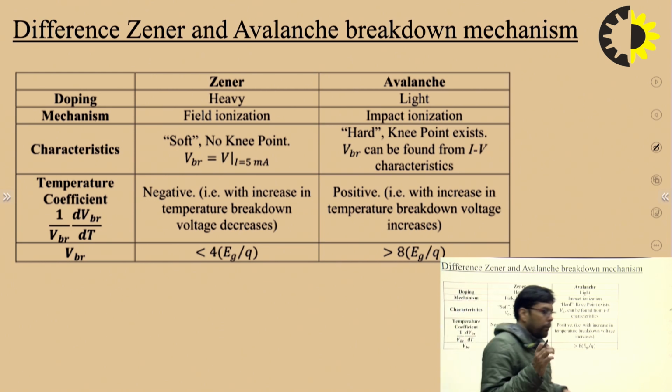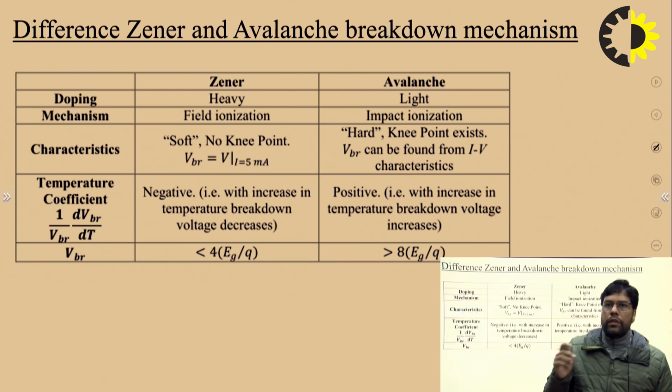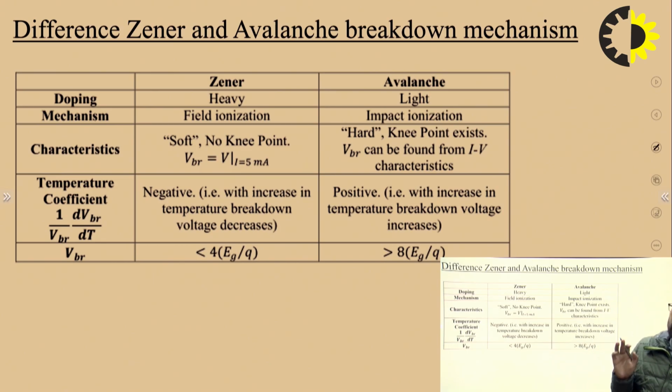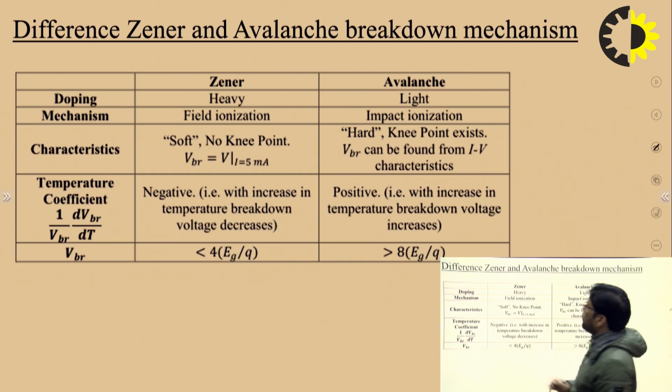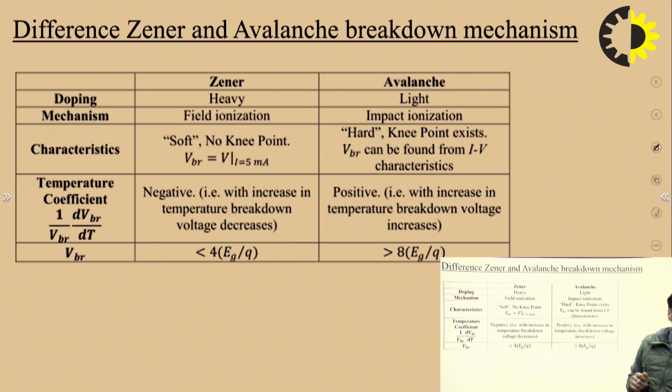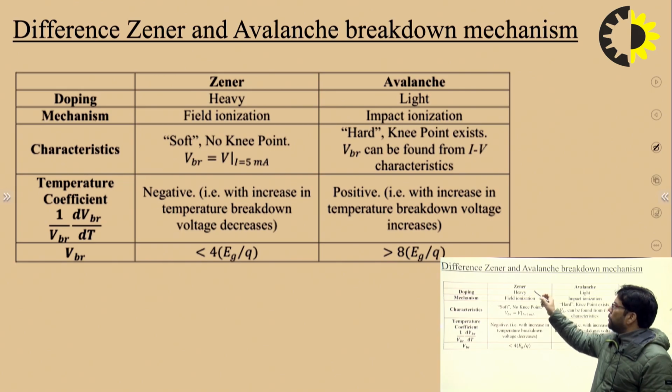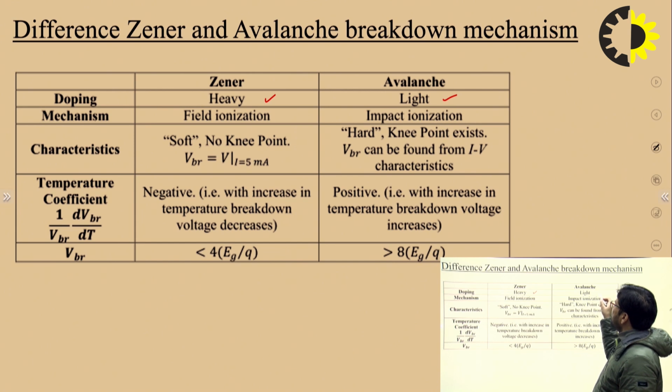So we have two kinds of breakdown. The first one is Zener breakdown, and the second one is avalanche breakdown. Here is the difference between Zener breakdown and avalanche breakdown in terms of doping, mechanism, characteristics, temperature coefficient, and breakdown voltage. In terms of doping, Zener breakdown has a higher doping level, and avalanche occurs in a lightly doped PN junction diode.